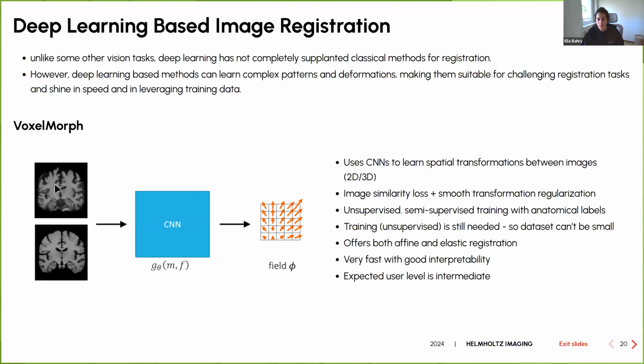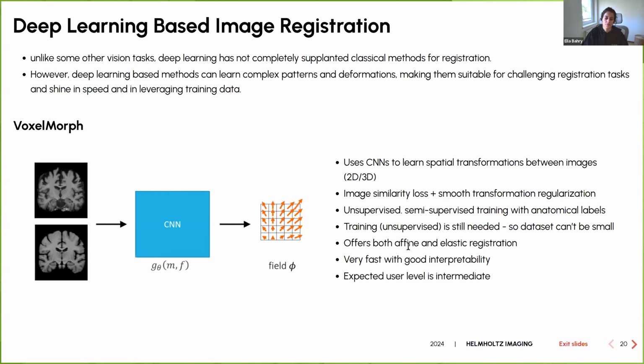So as I said, it's super nice because it's unsupervised. You don't need to actually have registered images. You just have to have enough pairs to register, or if you have images that came from MRI, maybe they already have good pre-trained models for you. You can also use a semi-supervised approach here if you already have anatomical labels for some of your images. If you have segmentation and stuff like that, you can use that, and it would maybe train faster or give you better results.